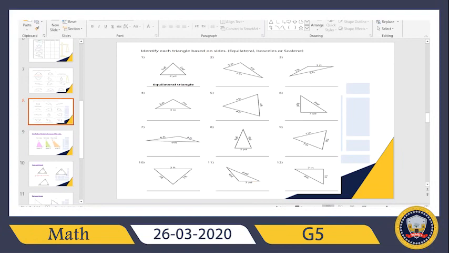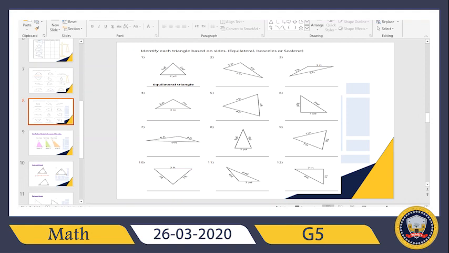Let's continue what we have covered yesterday. We covered identifying the triangles based on their sides, and we know that we have three types of triangles based on the length of their sides. If I have a triangle with all its sides equal, then we call this triangle an equilateral triangle.